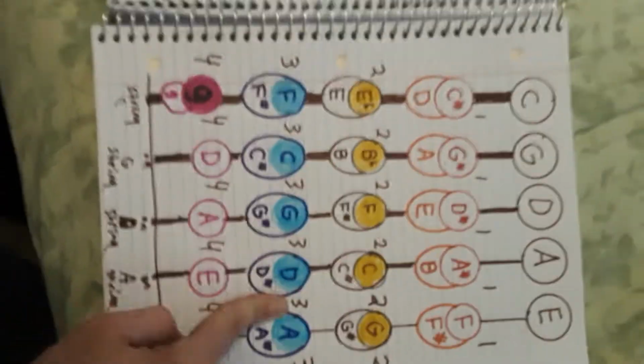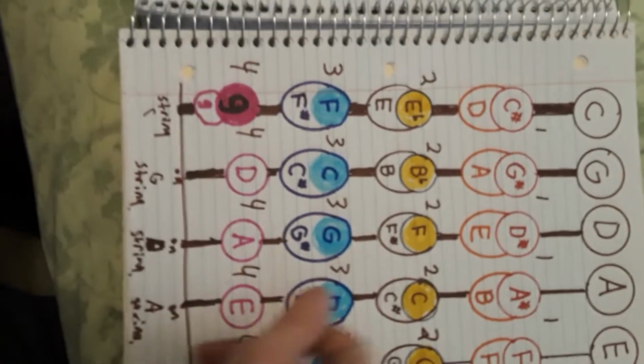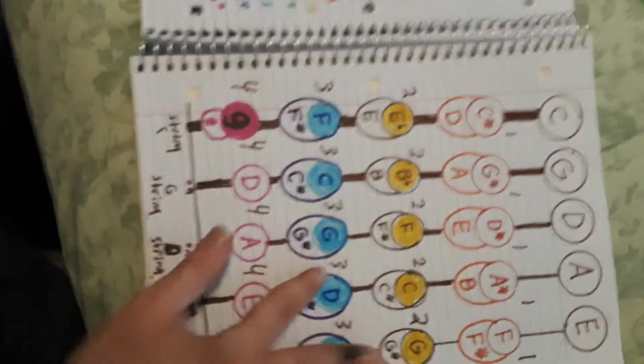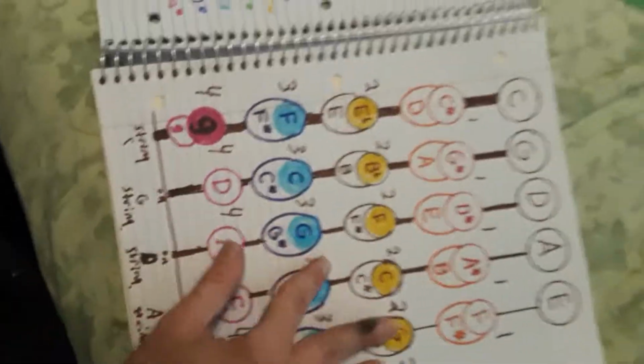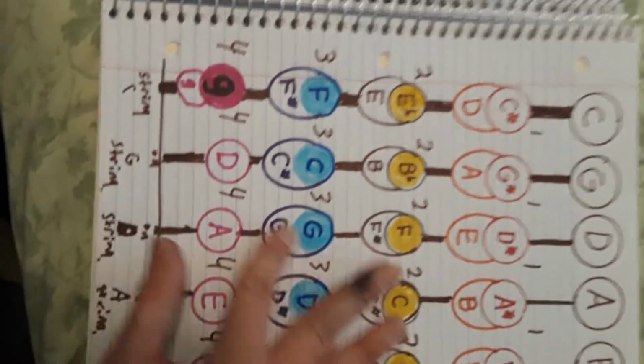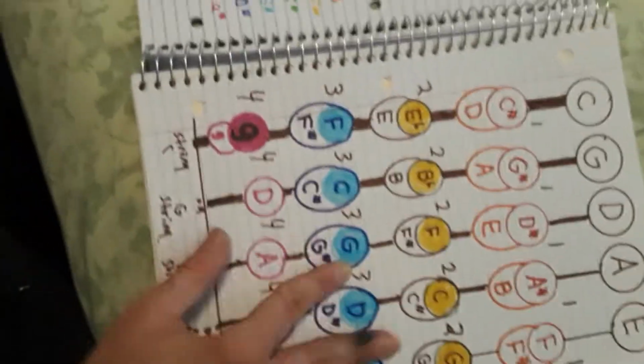Or else D flat to D going into the E flat major scale, right? G flat to G, going into the A flat major scale, right?